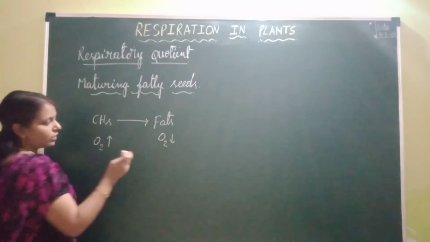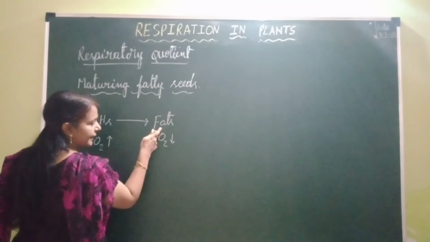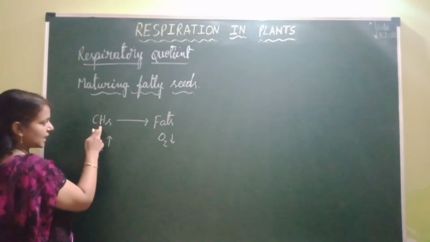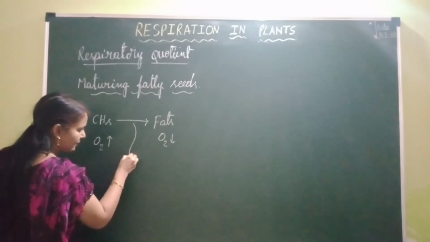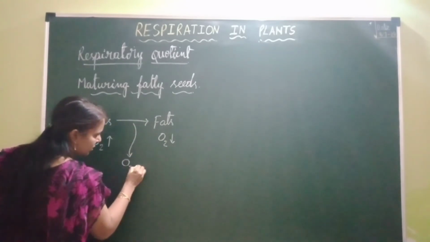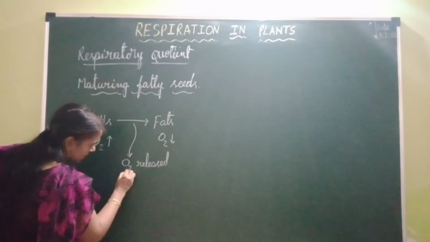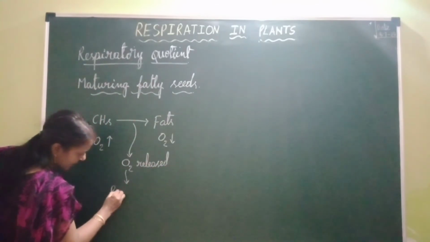So when the oxygen poor compound, that is fat, is synthesized from an oxygen rich compound, that is carbohydrate, what happens? There will be release of oxygen. This oxygen which is released is absorbed during the process of respiration.